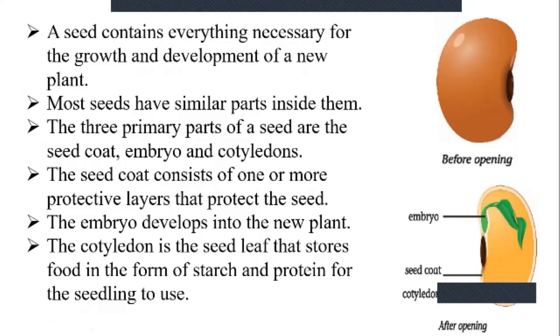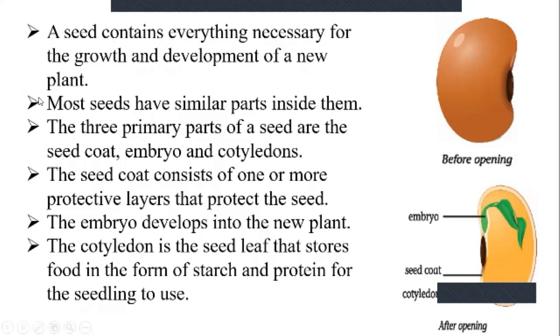If you go to your kitchen, you can ask your elders and find out what seeds are available there. For example, pea, chana and groundnut. These are the seeds available in your house kitchen. The bean seed is also available, flat beans.